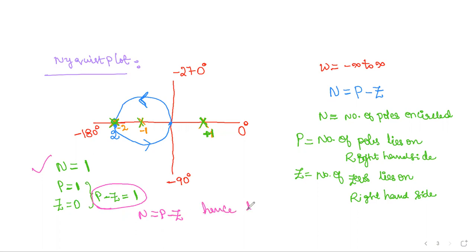Hence the given system is a stable system. So for the given open loop transfer function, this is the Nyquist plot, and this is the conclusion of stability. Thank you guys. Thank you for watching.